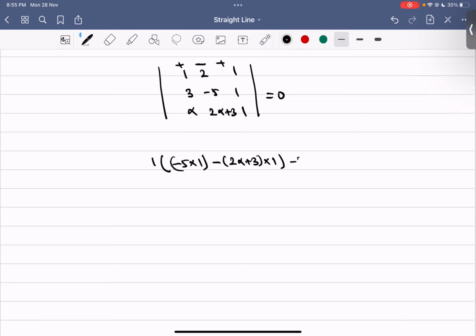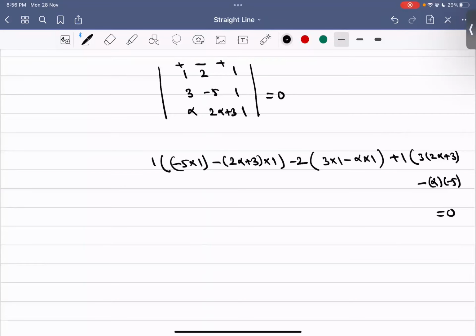Minus 2 into, leaving the row and column which contains 2, what do you get? (3 into 1 minus alpha into 1), plus 1 into (3 into (2 alpha + 3) minus alpha into -5). So this is equal to 0.